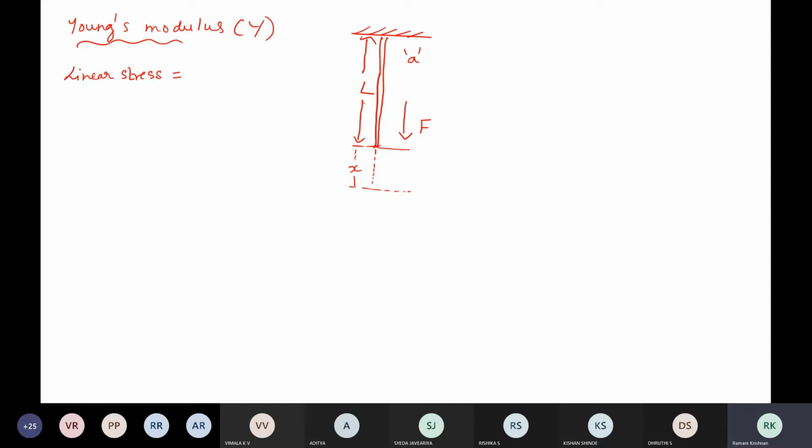So linear stress I'll define as the longitudinal force acting per unit area. Force per unit area, and this force is acting along the length of the wire.